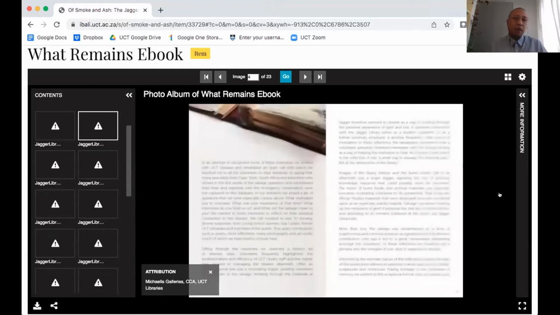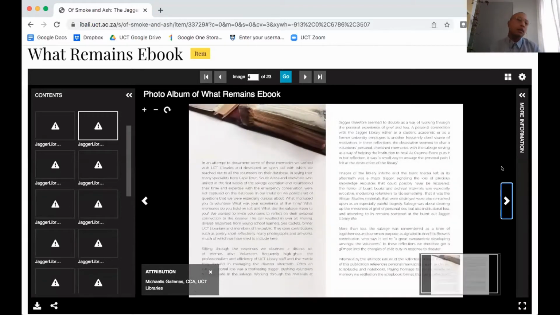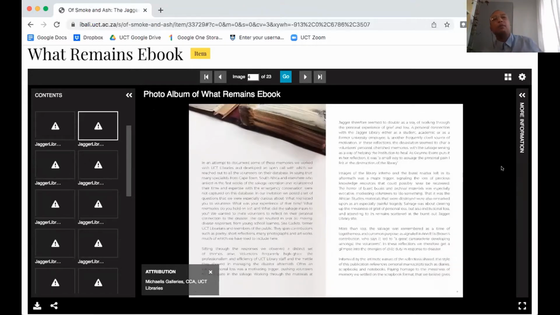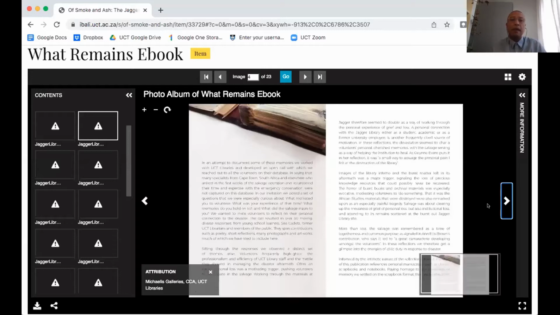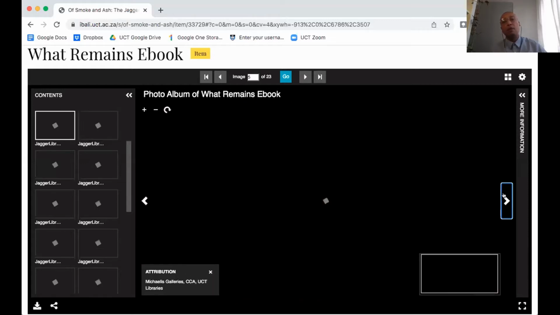So there were poems, images, short text, and the contributions came from people from all kinds of walks of life. So from young people to older people, former retired librarians, members of the public. And there were a number of themes that percolated in the kinds of reflections that came forward, both personal.